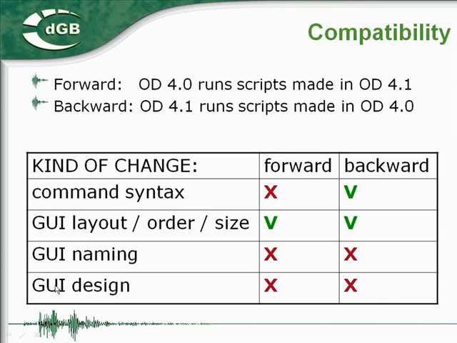The same with a design change of the graphical user interface. If we have a window and at a certain moment we decide that it is necessary to split it in a window with a sub-window, no way the command driver will be able to cope with changes like this. So also then you have to change your old script or maybe record it again, which is sometimes even the best option.